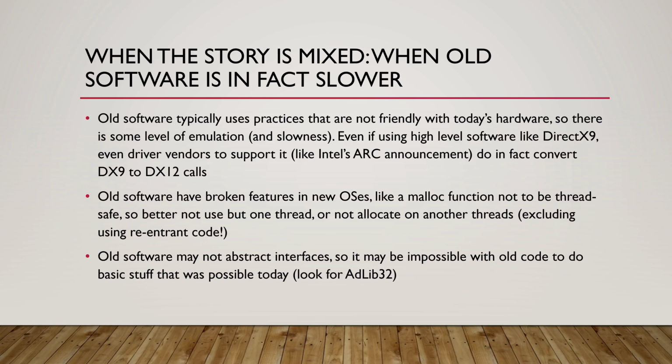The other part which we should take into consideration is that very often the story is mixed. For the sake of argument, today's practices in software are tuned for today's hardware, which is reasonable.